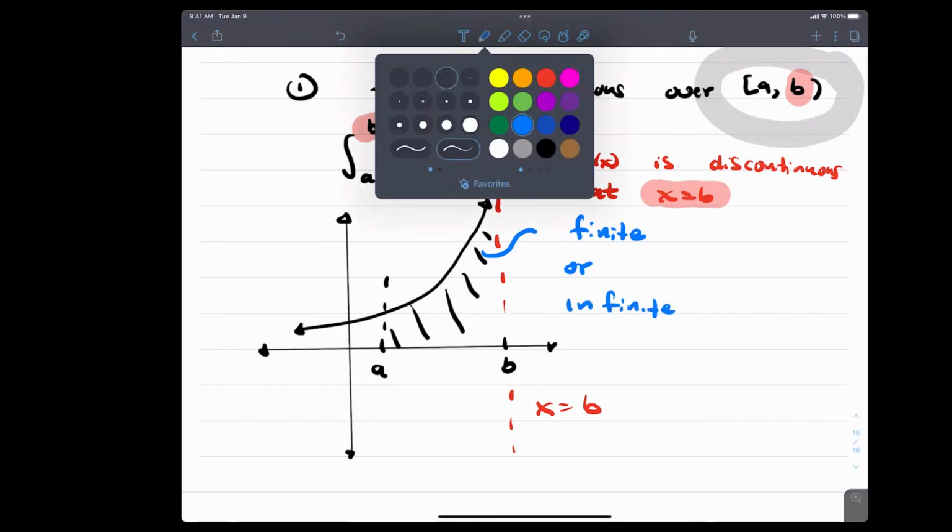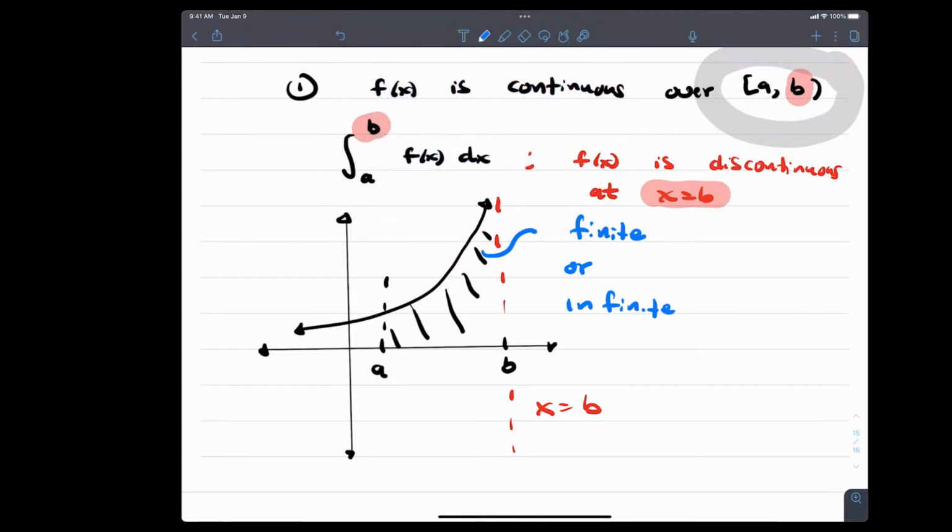When it's finite, we say that this converges. When it's infinite, we say it diverges. So this is what they want to describe as a discontinuity at a right endpoint.